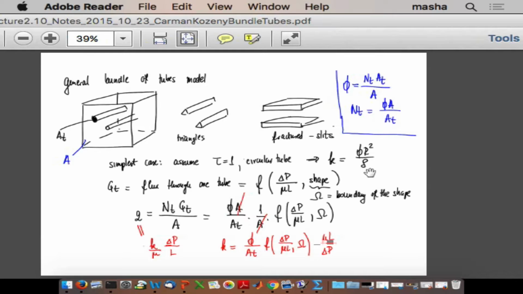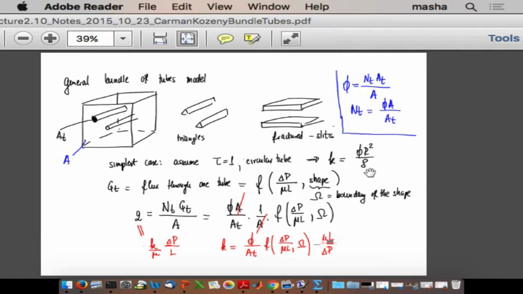So that's basically the same as our initial discussion of the Carman-Kozeny model, assuming my tortuosity is non-existent. My tortuosity is 1. So bundle of tubes also ignores this tortuosity factor. So you can already see here how bundle of tubes will give me permeability that is, for instance, porosity r squared over 8.